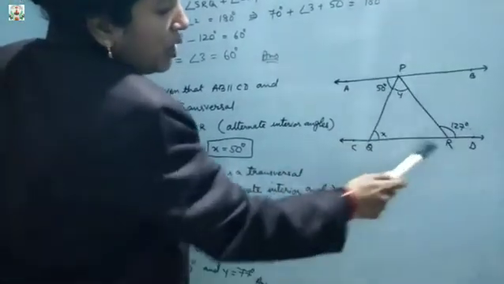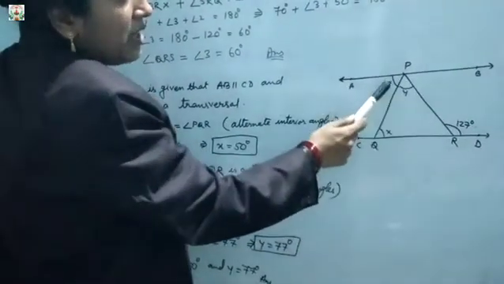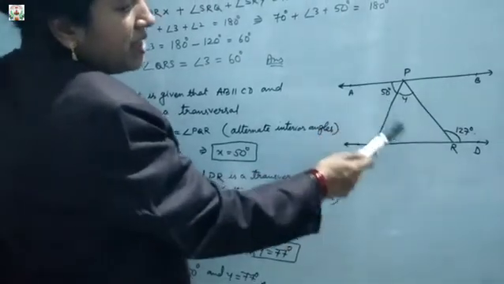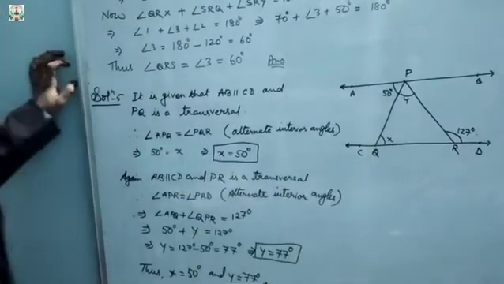This angle is X, this angle is Y, this is given as 50 degrees, and angle PRD is given as 127 degrees.